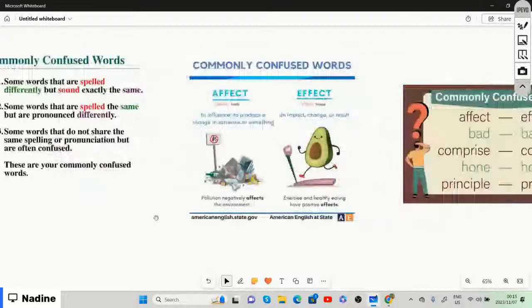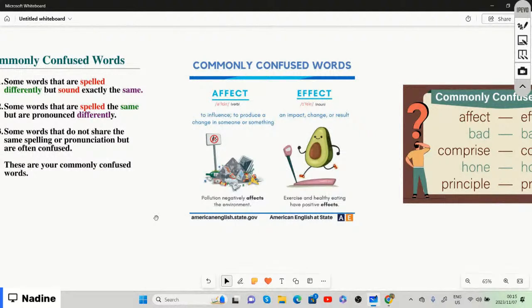All right, so basically, one very commonly confused pair is affect and effect, right? This is usually one of the most commonly confused pairs because the words are spelled almost the same.